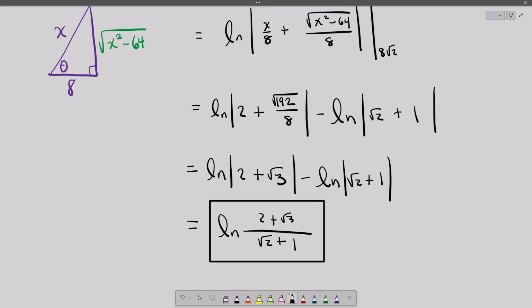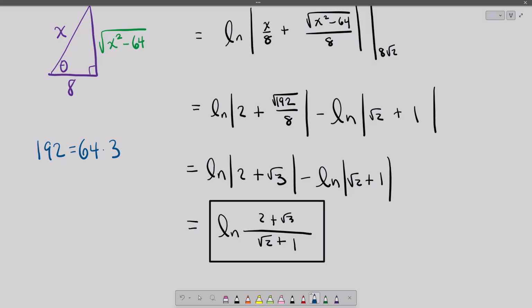So log of A divided by B is log of A minus log of B, and we just did that backwards. And this thing became 64 times 3, and so the square root of 64 was 8, which is how we got the 8 out in front.